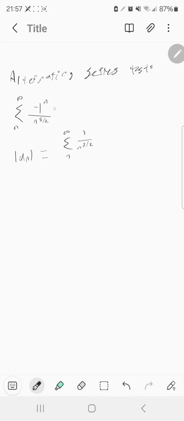Since this takes care of the fact that sometimes this will be negative, we treat it as if it was always positive. Now, this 5 over 2 is a p-series. Since it converges due to the p-series, then we know that this converges, and it converges absolutely.